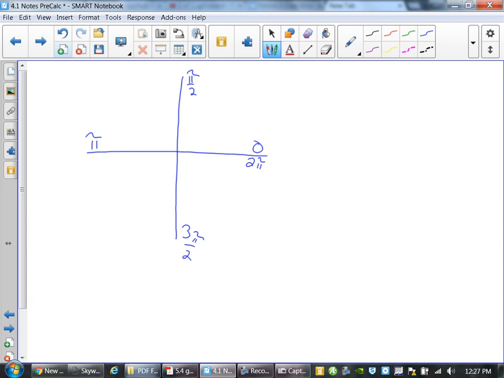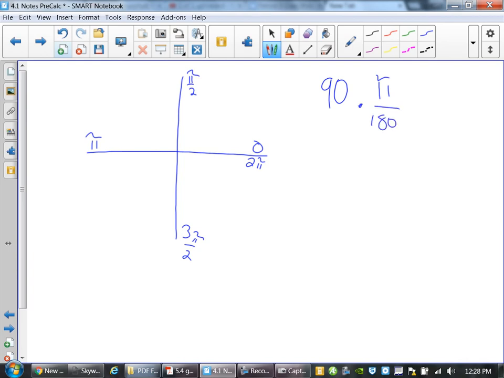What you're doing here is converting degree measures into radian measures, and it's a very short setup. If you take 90 degrees and want to convert it into radians, radians are in terms of pi, so you're going to multiply by pi over 180.